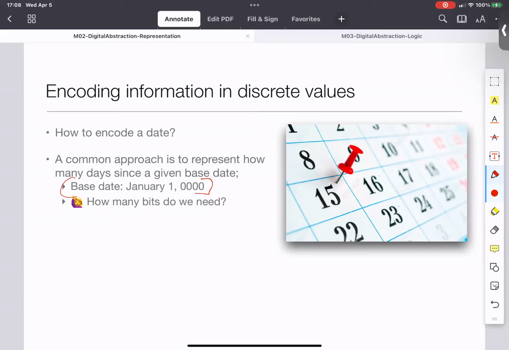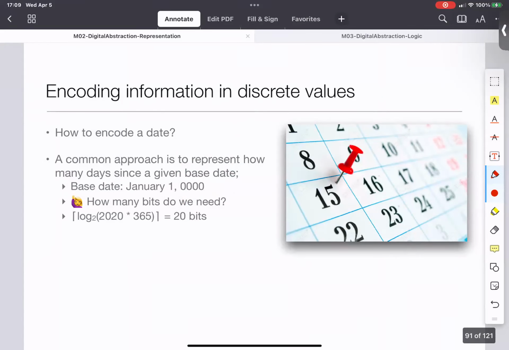So firstly, there's a base date. Let's say January 1, and let's say there was a year 0. So how many bits do we need? We can think of it like this: we are in the year 2023, and maybe we care about our system for the next century or two, and then work backwards from that and say how many bits I will need.